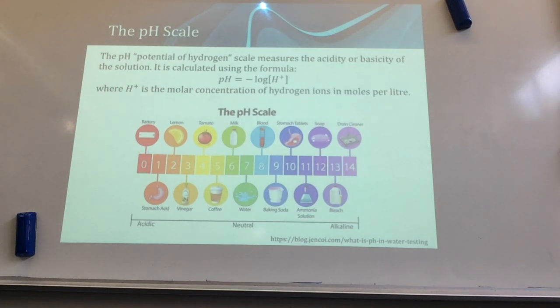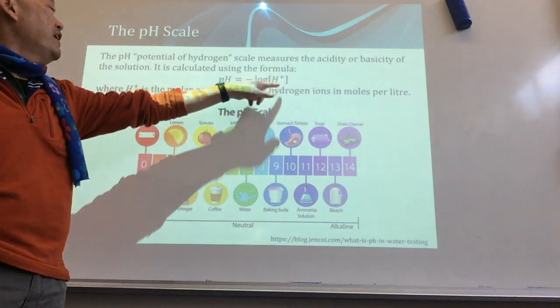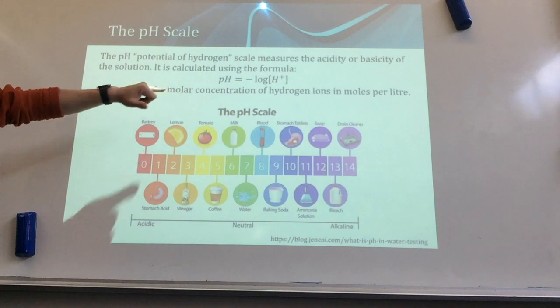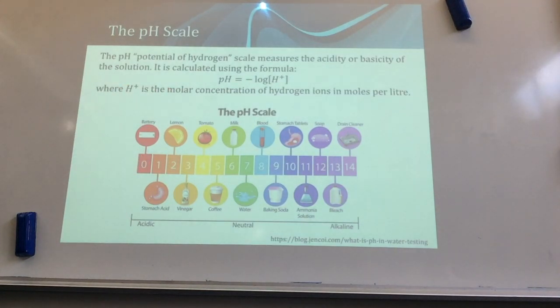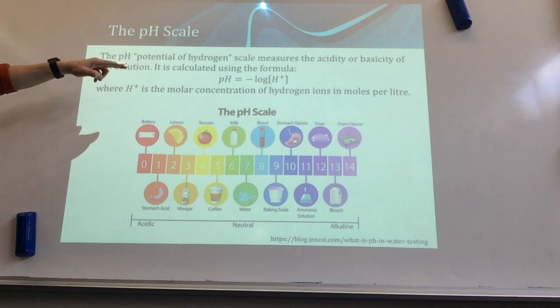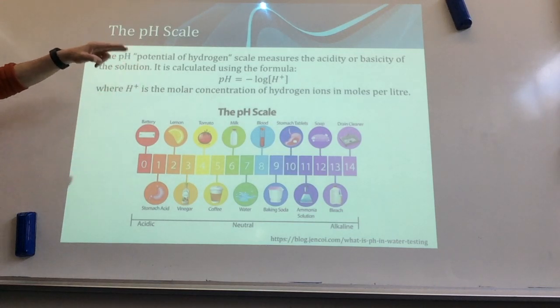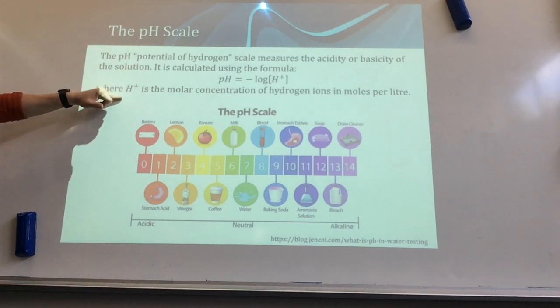So it is calculated based on the formula pH is minus log of H plus, where H plus is the molar concentration of hydrogen ions in moles per liter. Right. So let's see how we could use this. pH equals minus log H plus, the molar concentration of hydrogen.